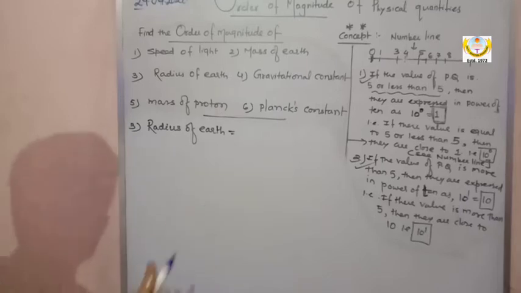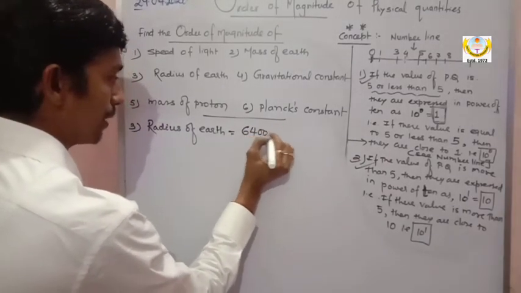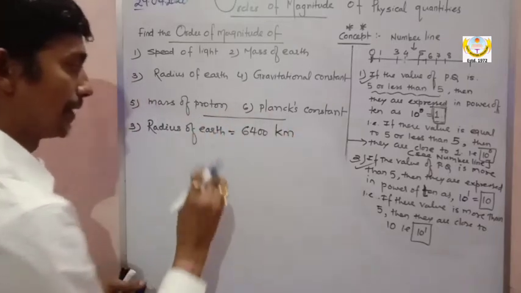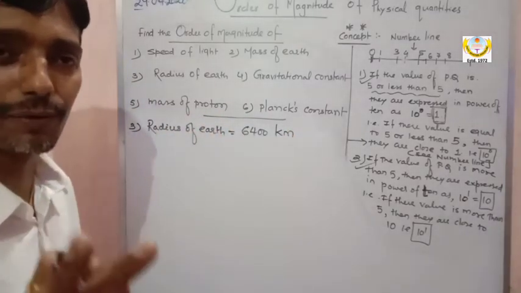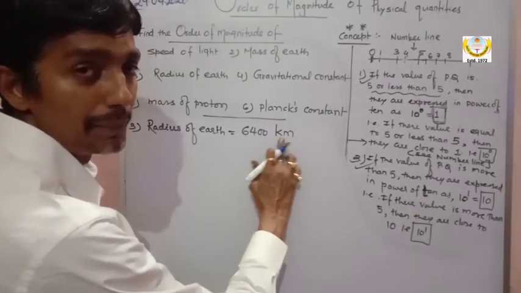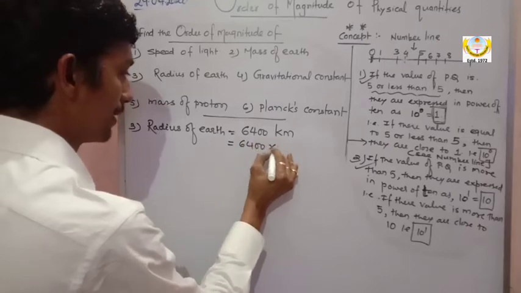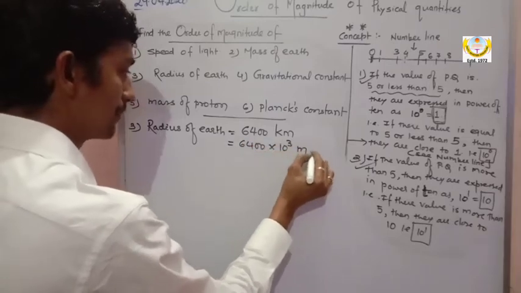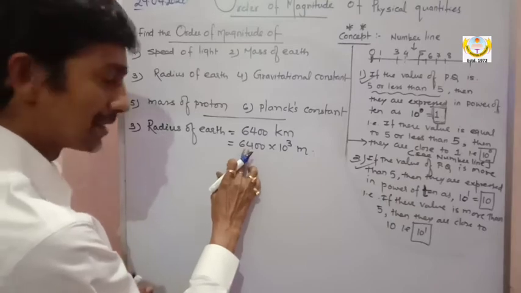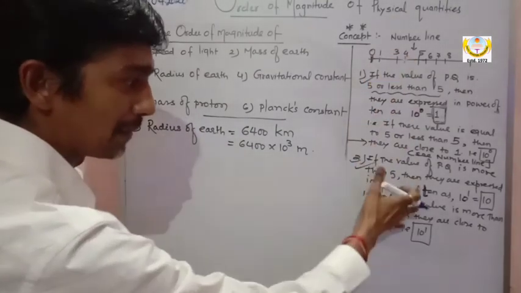Now, my dear, let's go to the radius of earth. The radius of earth is 6,400 kilometer. First I will convert this kilometer into meter, so this will be 6,400 into 10 power 3 meter. Now I will convert this 6,400 into one digit, because I have made my own rule.